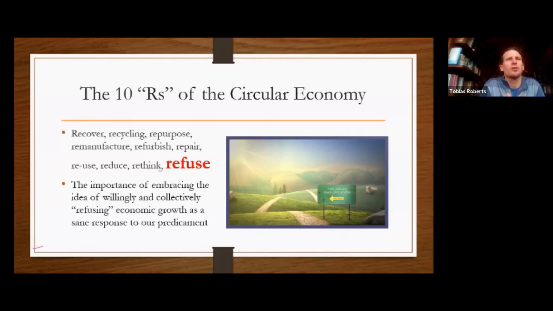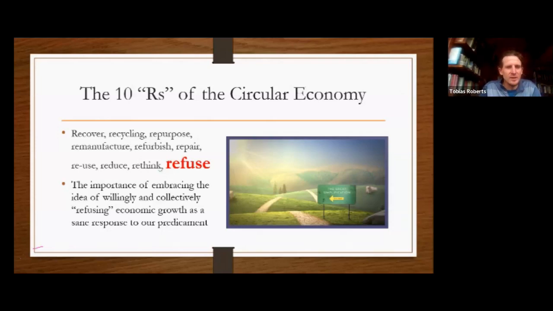And refuse doesn't just occur on a consumer level. I think there probably is a political mandate, that politicians can refuse certain types of economic production that simply aren't useful and that cause more harm than good. So we need to be able to refuse certain aspects of the linear economic model which simply do not work.